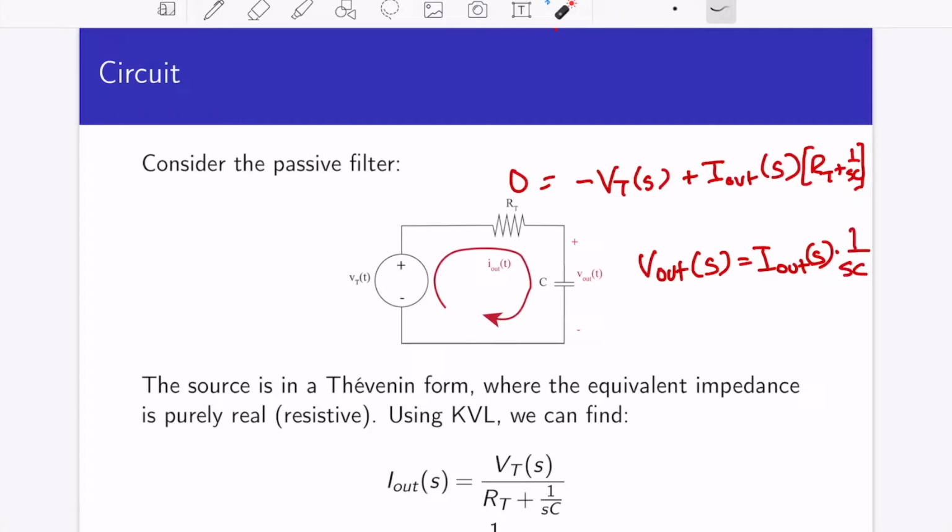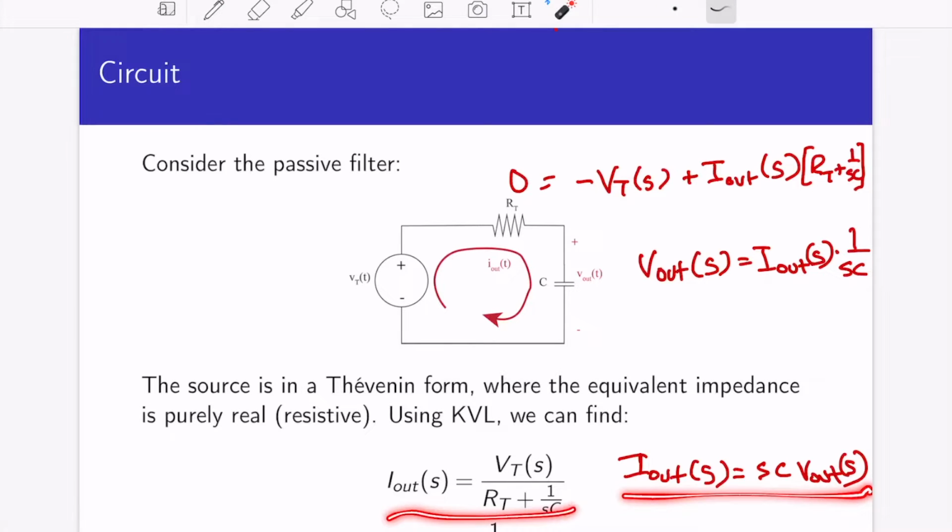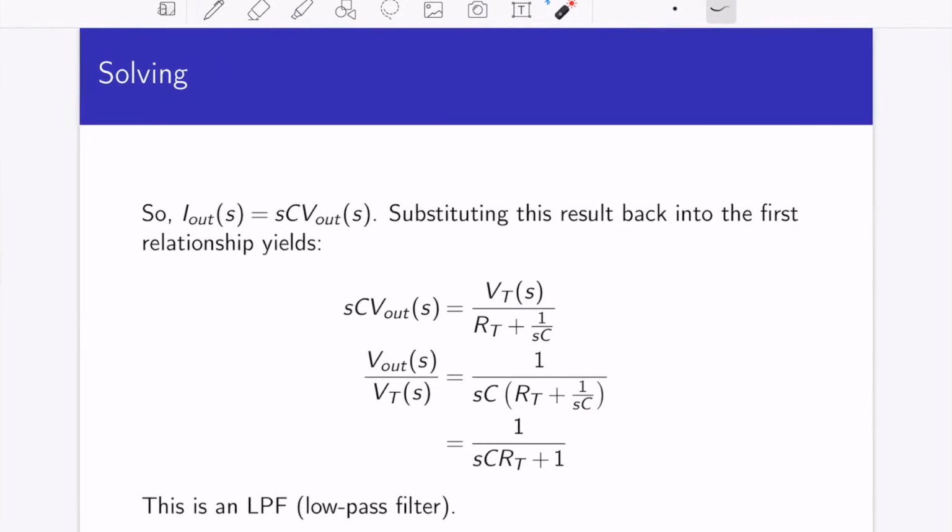So we can then rewrite the second equation to solve for I out, and we get I out of S is equal to SC times V out of S. We will then take this equation I just rewrote and plug it into the first equation.